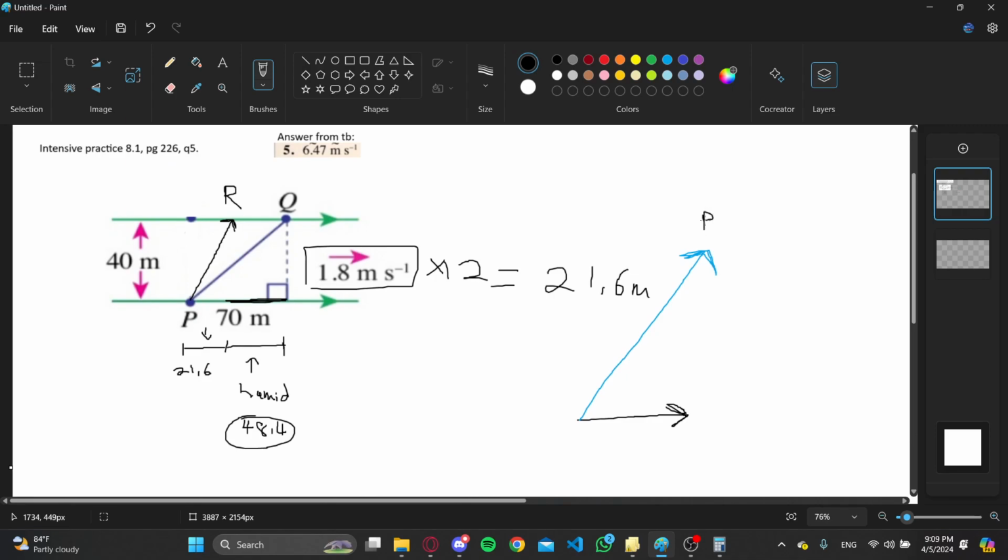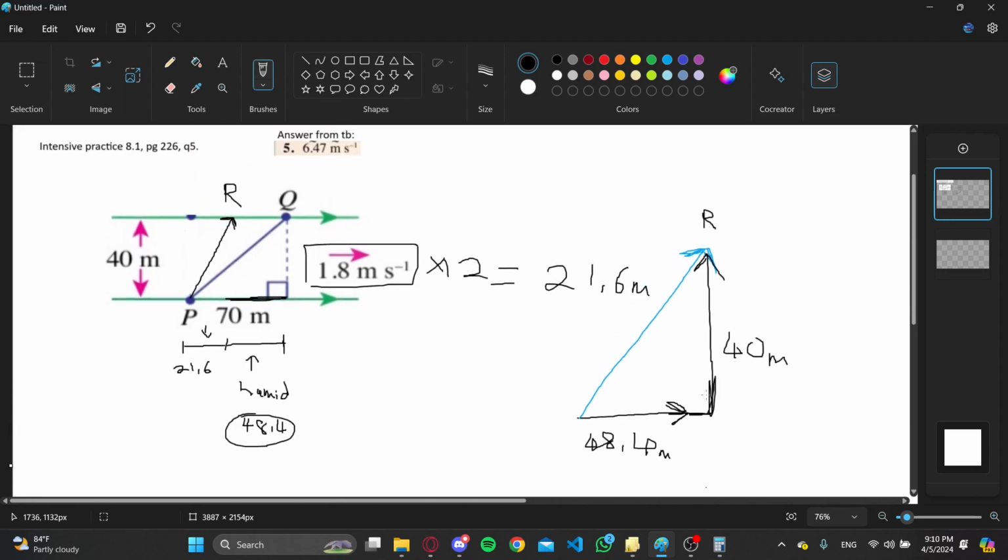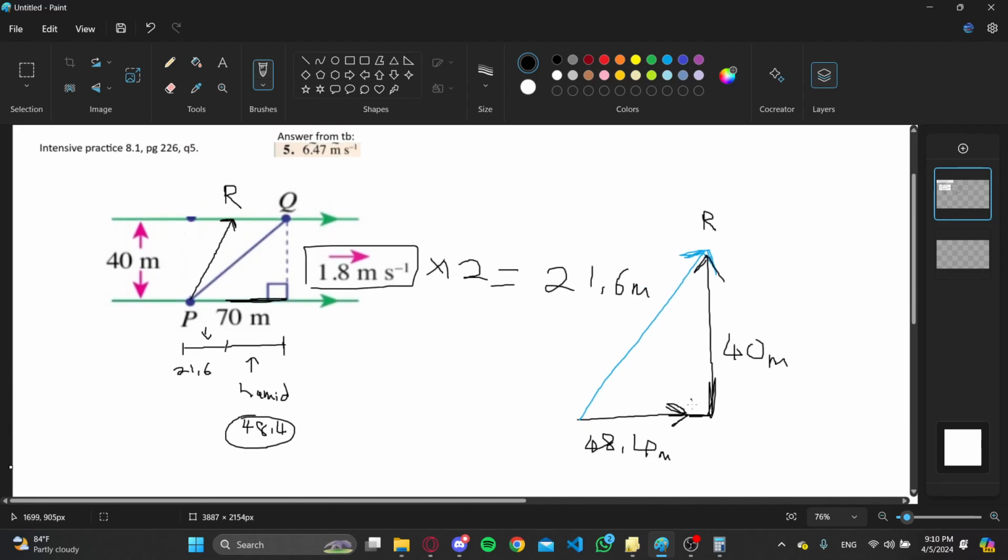This is R. By the way, we are talking about distances here because it's hard to think about speeds as vectors. Distance is easier. So we know that he traveled 48.4 meters in the x direction. We don't know how much he traveled in the y direction. So this is the y direction. We need to find this out. Well, we do know it's 40 meters. So that's it. This is 90 degrees. I don't know if you understand.